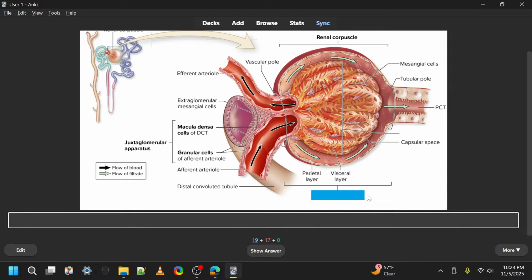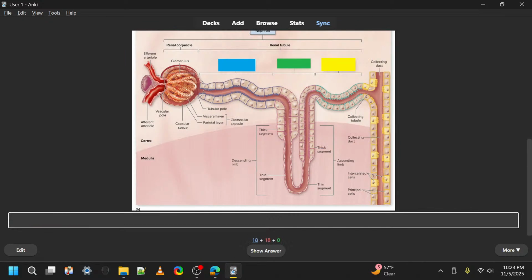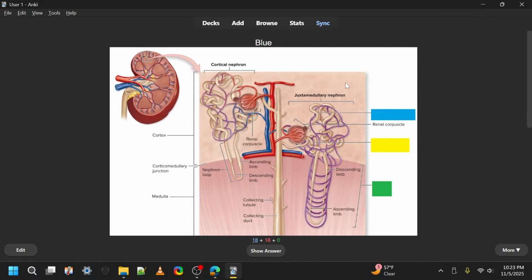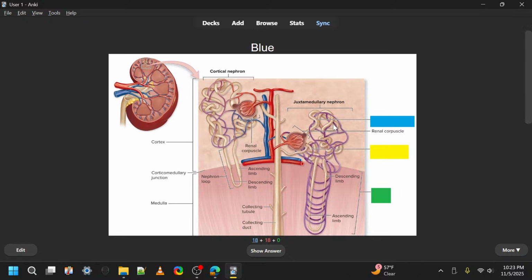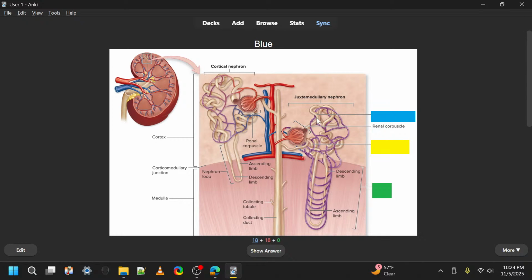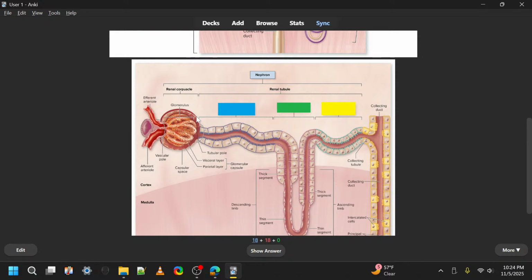Okay, so the blue, it encompasses, what would this be? Is this the glomerular capsule? Glomerular capsule. Nice. Okay, so what is the blue? So this right here, or let me find another picture. So all of this section.